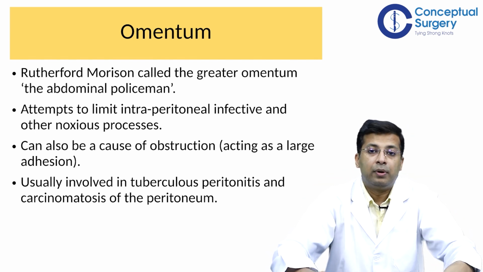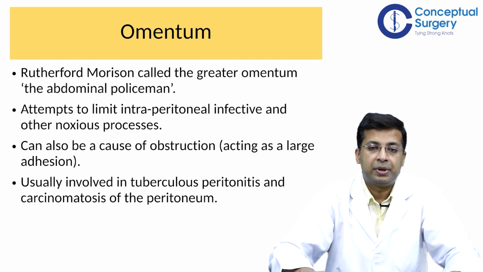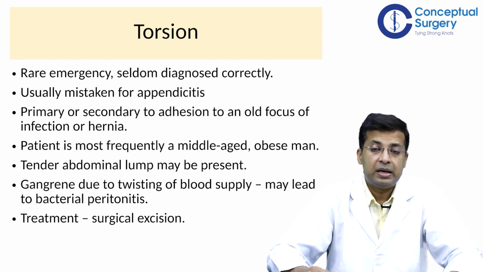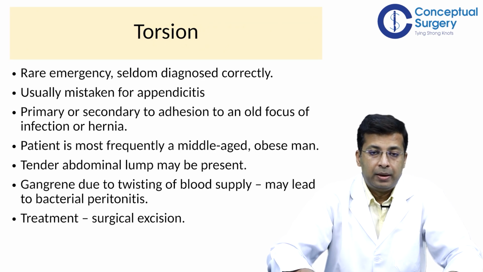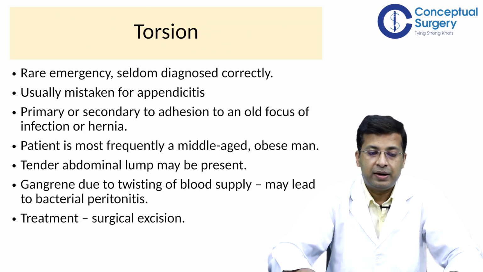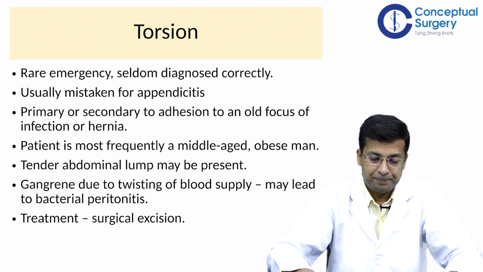Omentum is also involved in tuberculous affliction of the peritoneal cavity in the form of tubercular peritonitis, and also in carcinomatosis of the peritoneum. Omentum contains a large amount of lymphatic tissue, and therefore any affliction which affects the lymphatic system of the peritoneal cavity also affects the omentum.